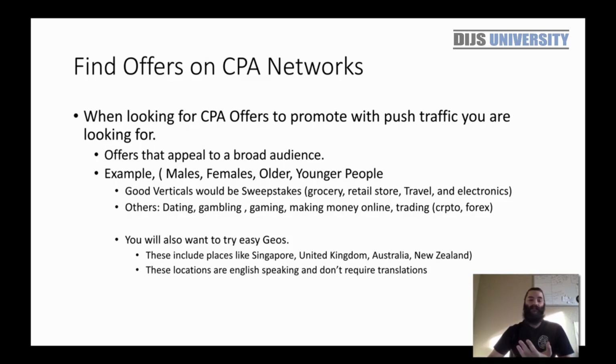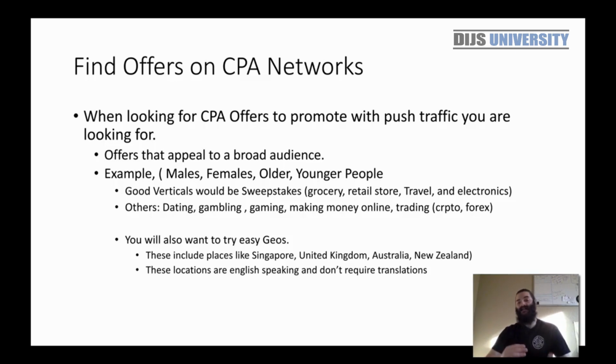So males, females, younger, older, they all love the grocery store, they all love retail stores, they all love Amazon. And then traveling, everyone loves to travel, electronics, making money online. All of these things are great examples of offers that you can promote with push notifications.